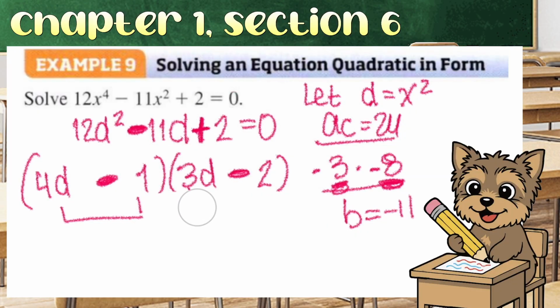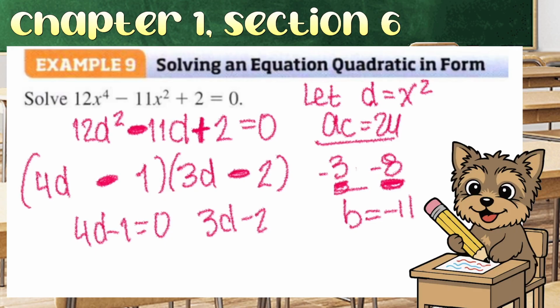Now, some of you might sub back in right here. Substitute your answer back in and carry on, right? But it's tricky because if you don't plug it back in at the right moment, you're going to forget to do it at all. So you need to figure out what time you want to plug back in.